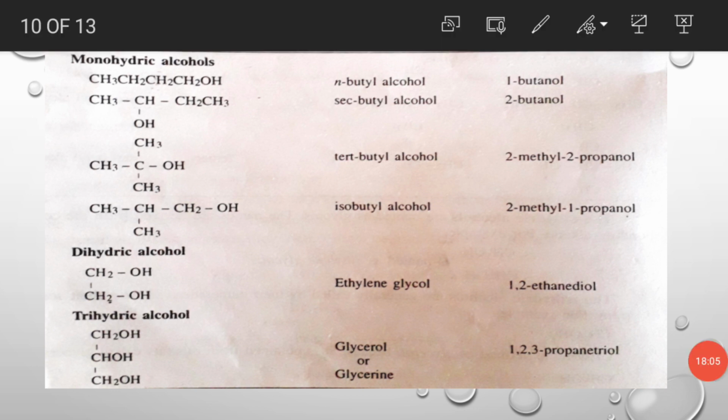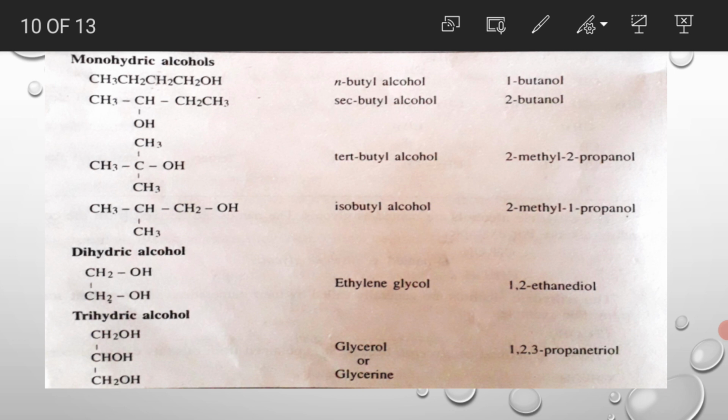Similarly, here we have a clear view of monohydric alcohols, n-butyl alcohol, as we have discussed above, and it is an overview to get some better clarification about the nomenclature of these particular organic compounds.